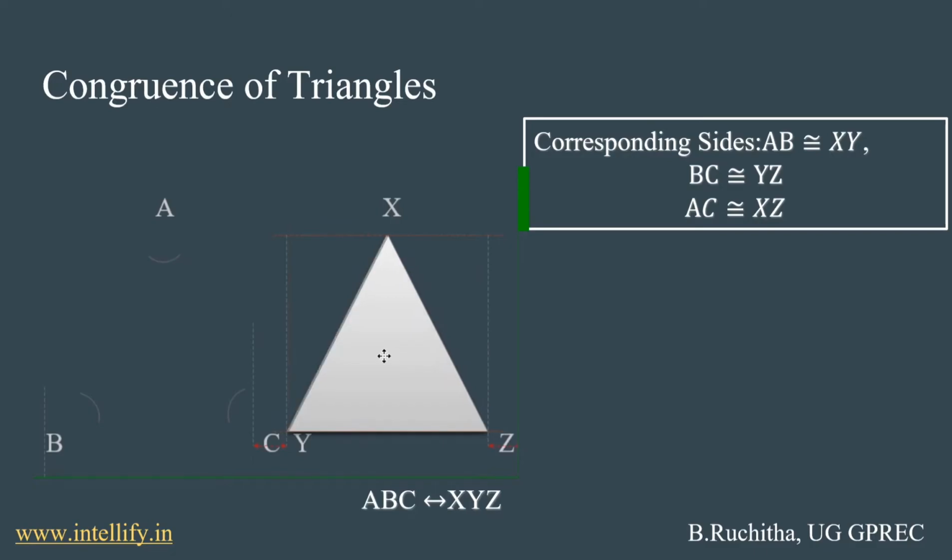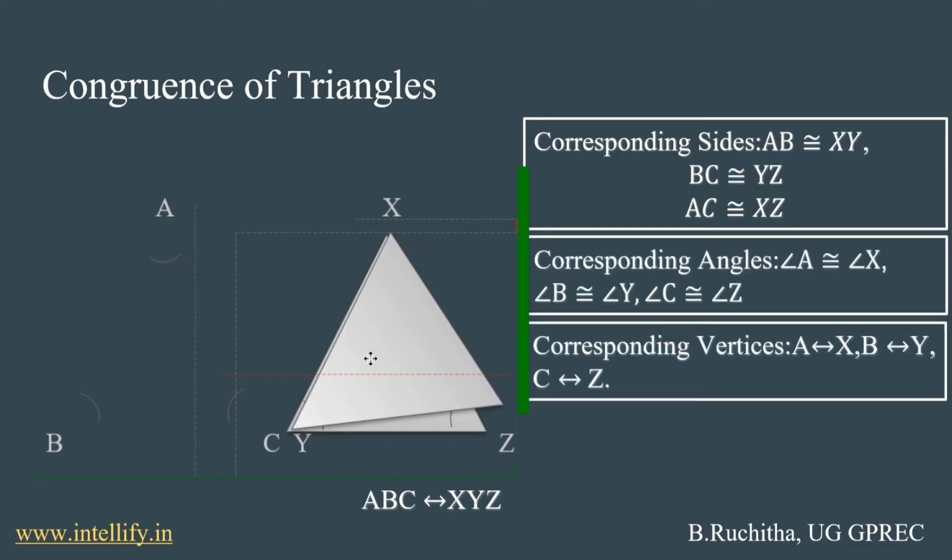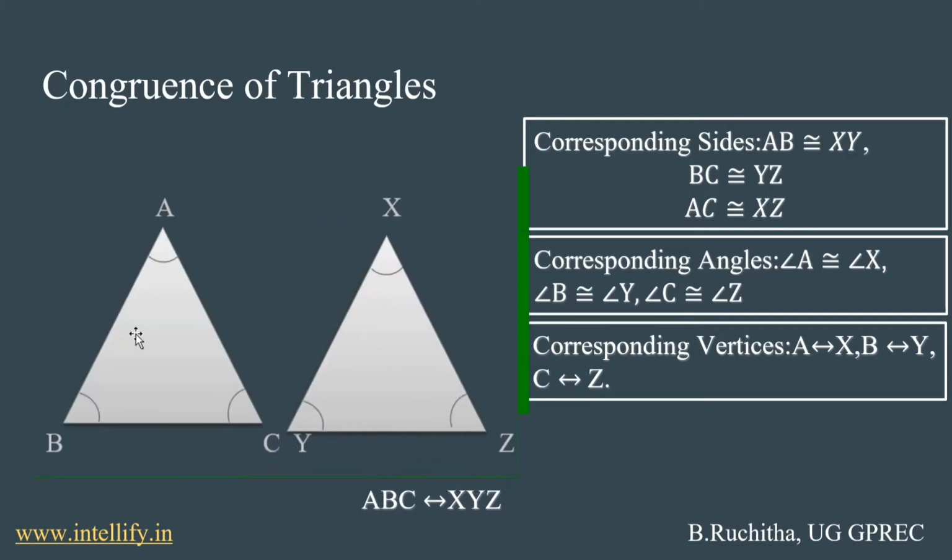For example, let us see here. If we place the vertex A at C and see this, we can't say that triangle ABC is congruent to triangle XYZ. If we see the exact corresponding vertices, like vertex A corresponds to X, B corresponds to Y, and C corresponds to Z, and place the triangles at that position, we can say that the two triangles are congruent.